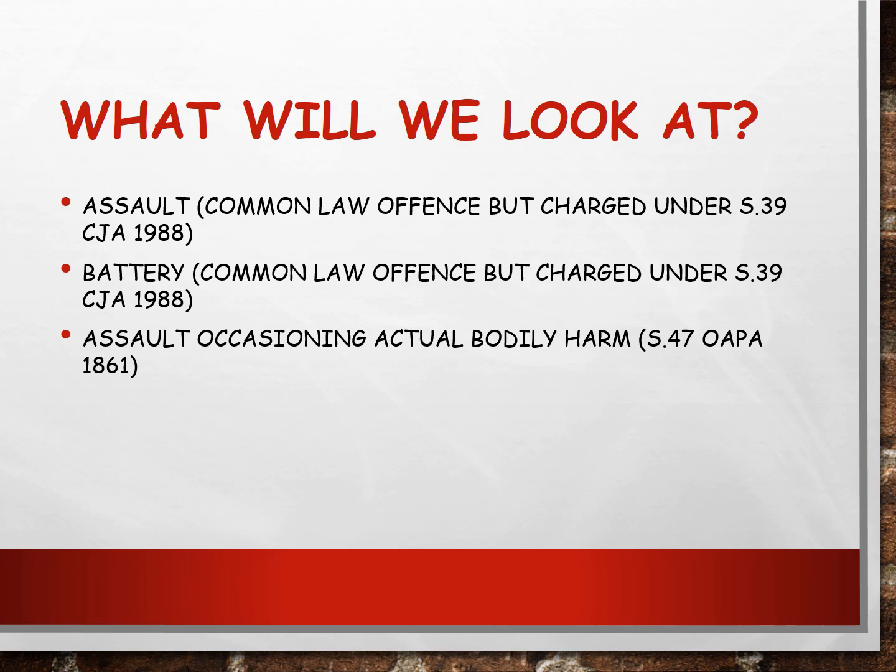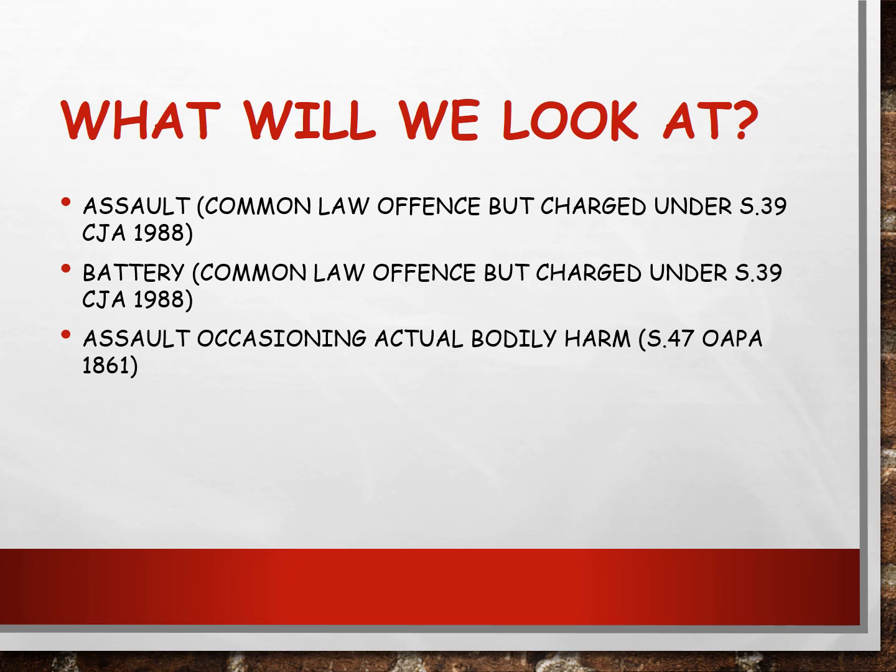If you are going to be charged and convicted of a slightly higher level offence here, then that would be actual bodily harm. So that could be committing an assault or battery at the lower level stage, which occasions actual bodily harm, and we'll look at that in more detail. But what you'll notice here is that then switches to a different piece of legislation, the Offences Against the Persons Act 1861.